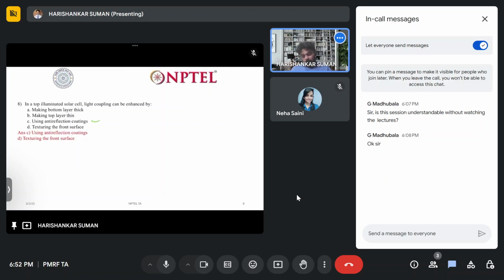So anti-reflection coating is the solution, and second is texturing from the front side. Then we can have enhanced light coupling.